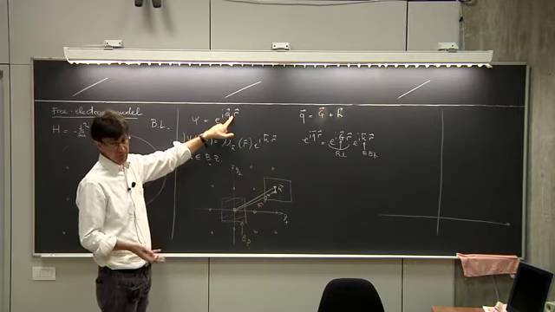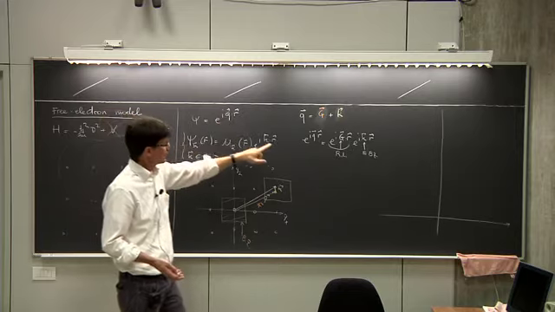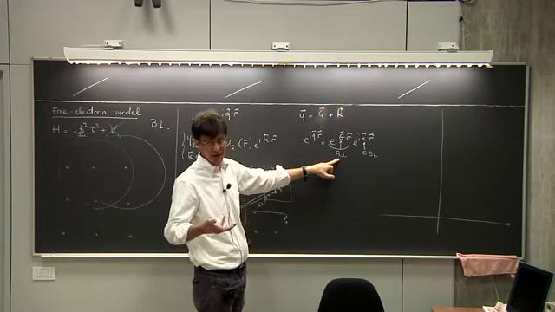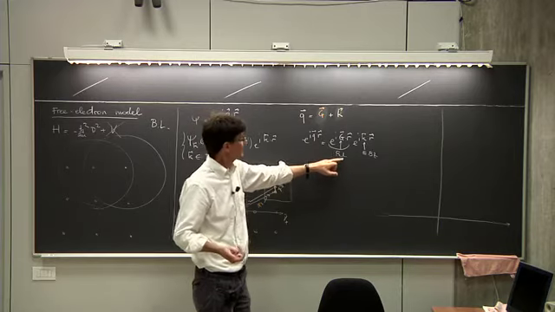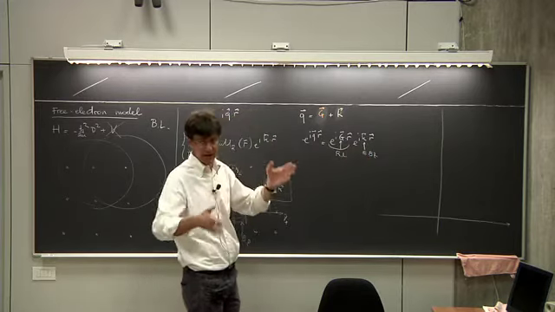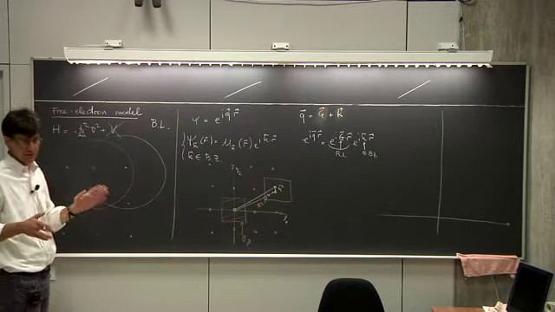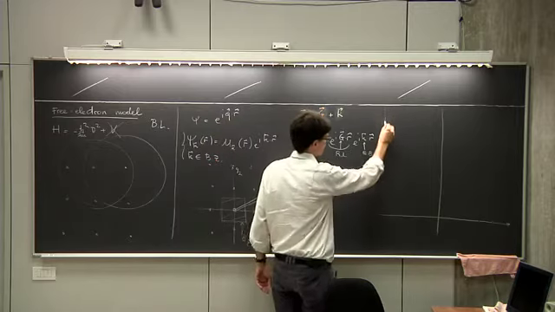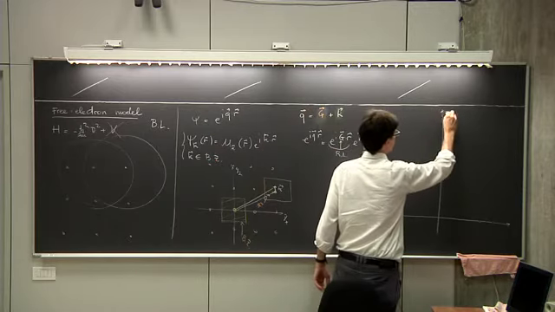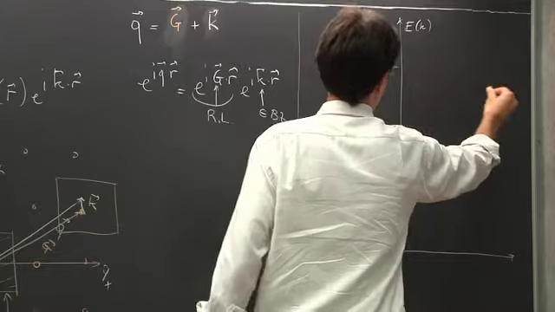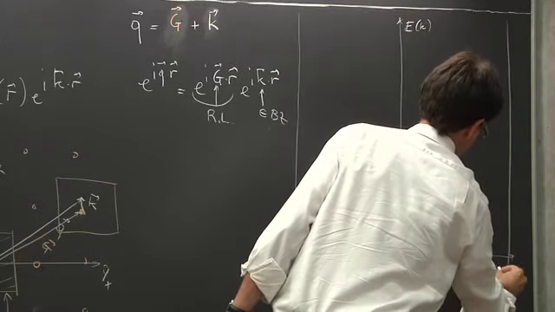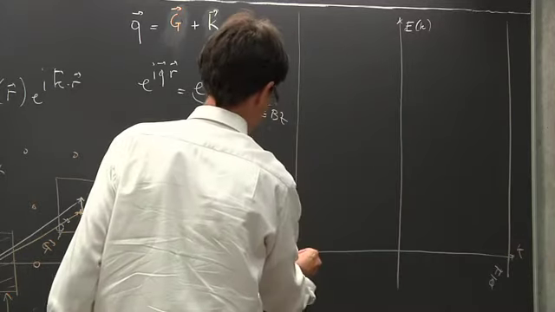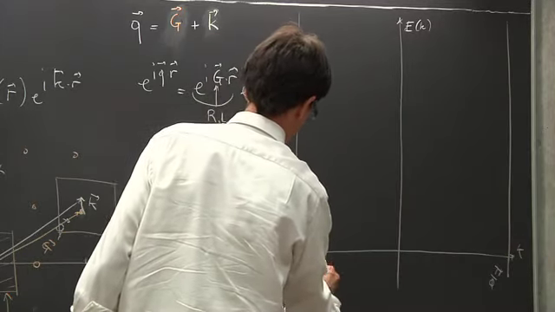The scalar products become just products between numbers. Reciprocal lattice vectors are 2 pi over a times n, an integer. The Brillouin zone is minus pi over a to pi over a. So in one dimension, everything is very simple. Here I have my energy. This is pi over a. This is minus pi over a.